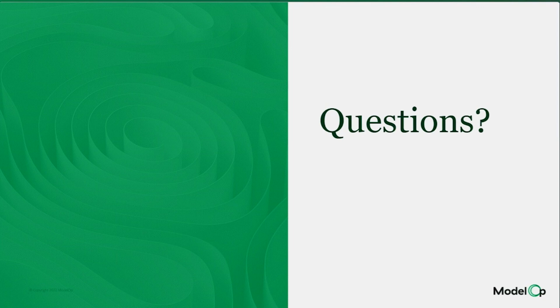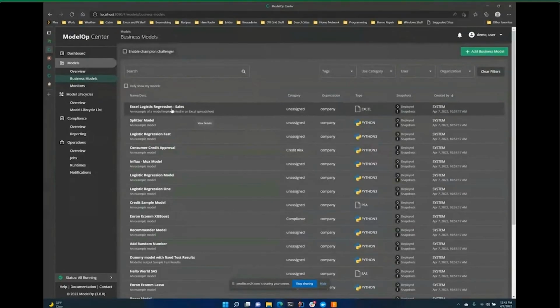Sure. A spreadsheet-based model, it's really like, for instance, earlier in the presentation, actually, I'll go ahead and share my screen again real briefly and show you an example of an Excel spreadsheet inside of ModelOps Center. So, again, we treat models as very generic.